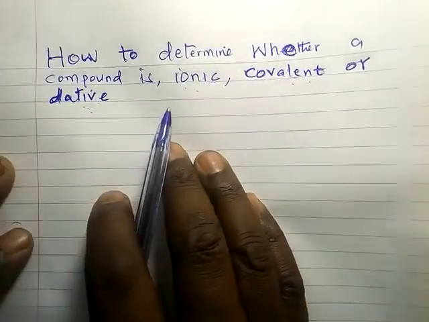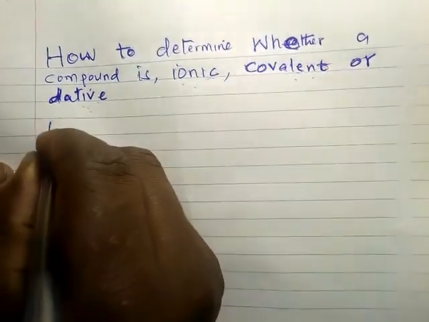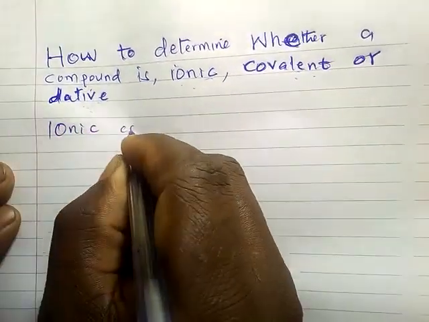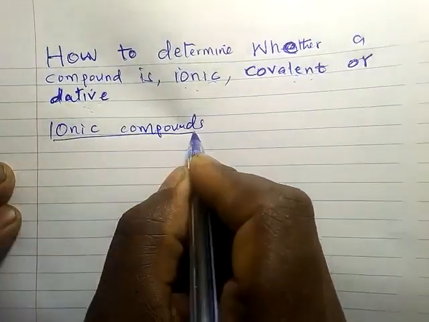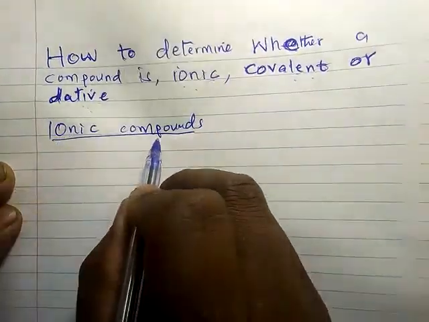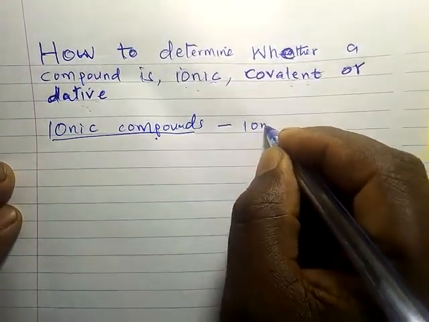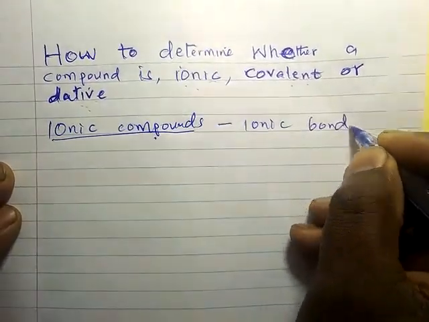Very good. So I want to start with ionic compounds. For ionic compounds, they have what we call ionic bond between them.